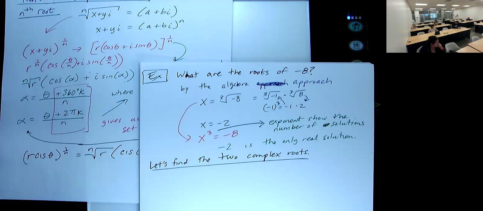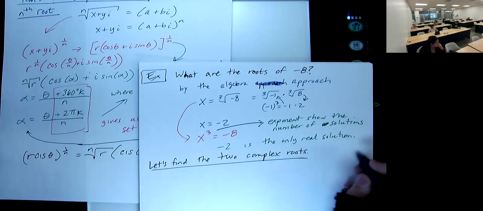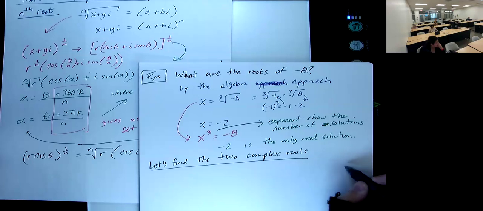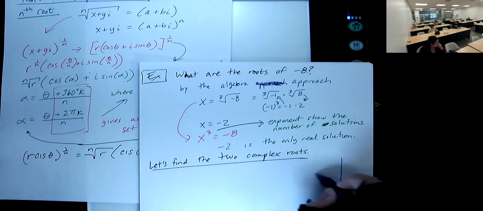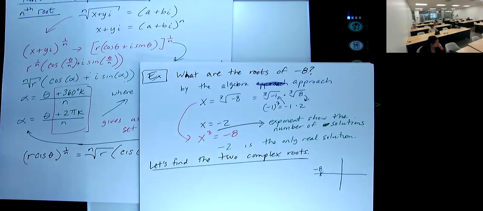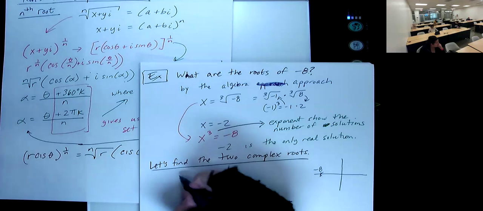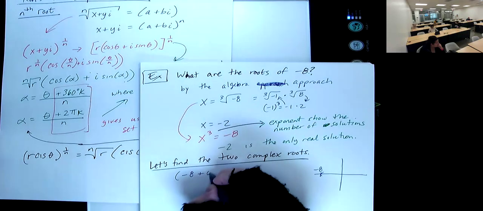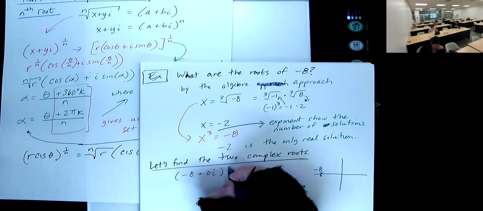So what are we looking at here? When x equals -8, we're over here, right? There's no i portion. This is just a real number. So this is kind of like -8 plus 0i, and we're looking at the cube root of that.